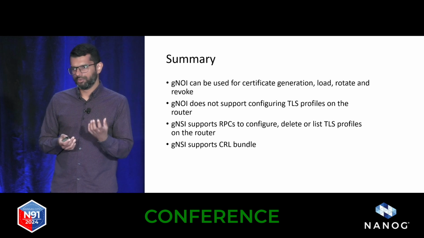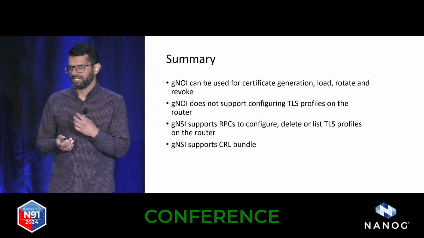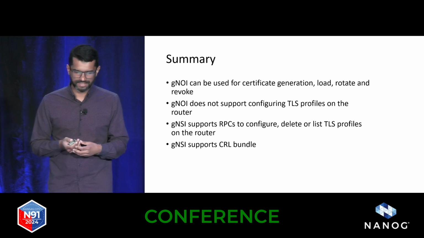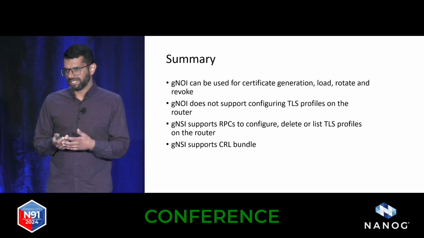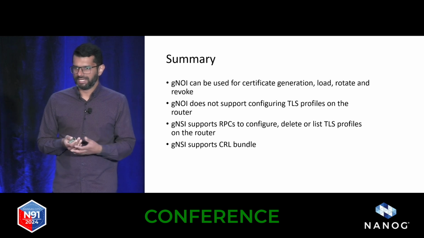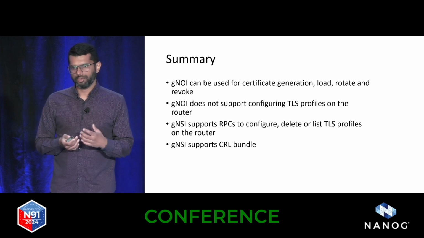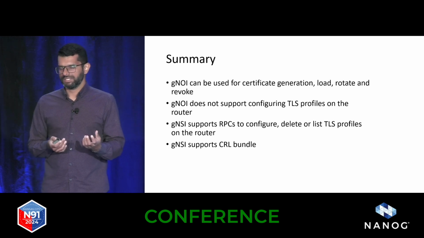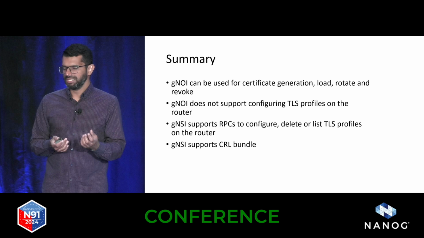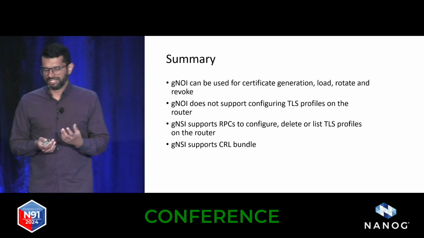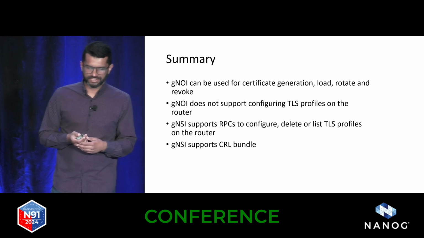And gNOI also doesn't support sending a revocation list, which is a list of certificates that are invalid. Right? And then comes gNSI. gNSI will support your profile management using your add profile and delete profile RPCs, and it will also support sending a CRL or a revocation list bundle to your client so that the client will take care of all the invalid certificates.